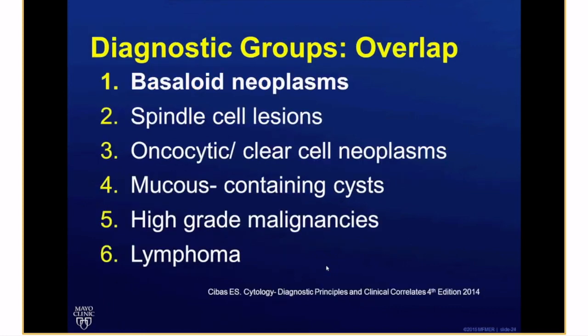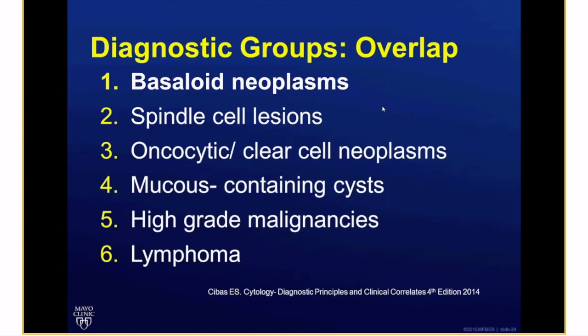So according to the morphology, we can subdivide salivary gland lesions into all these groups: basaloid neoplasm, spindle cell lesions, oncocytic or clear cell, mucus-containing cysts, high-grade malignancies, and also lymphomas. But I would like to point out that sometimes there is a lot of overlap between the lesions, since some basaloid cells can look spindled.